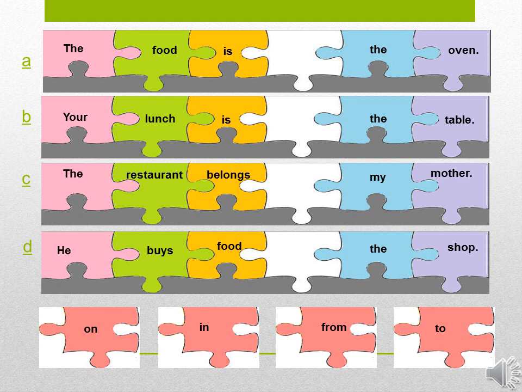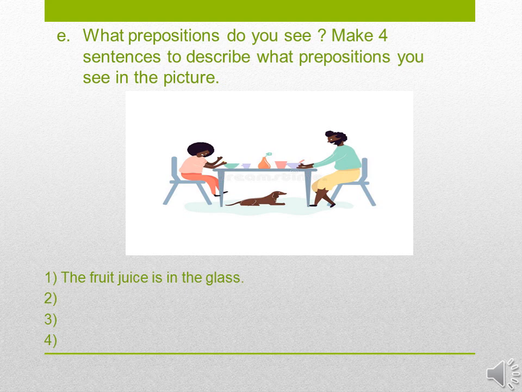Also do it in a color pen so that you can clearly see where the prepositions need to go. E. What prepositions do you see? Make 4 sentences to describe what prepositions you see in the picture. Example number 1. The fruit juice is in the glass.